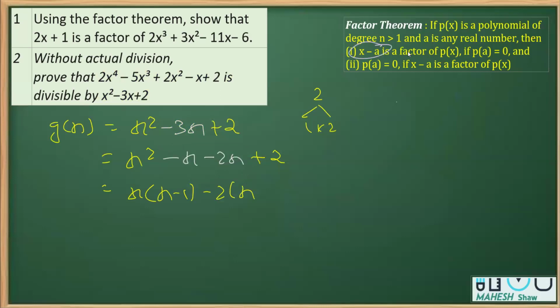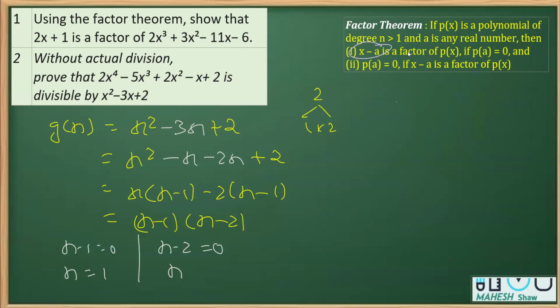Minus 2 is common in the others, so dividing by minus 2 we get x minus 1. So we are getting x minus 1 and x minus 2, two factors of this. Then we will equate them with 0 in order to find the solution. Equating x minus 1 with 0, I'm getting x is equal to 1, and equating x minus 2 with 0, I'll get x is equal to positive 2.